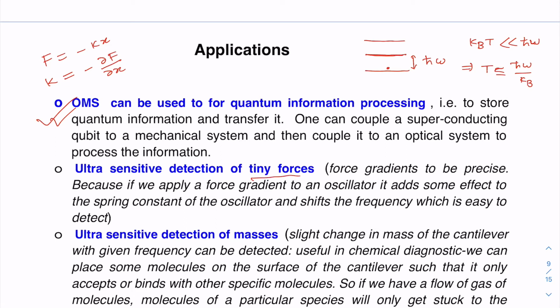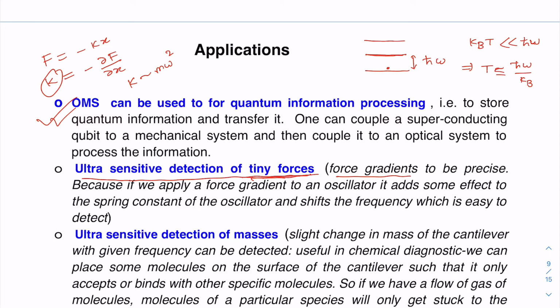Rather than tiny forces, we should better say force gradient to be precise. If we apply a force gradient to the mechanical oscillator, it adds some effect to the spring constant of the oscillator, and because the spring constant is associated with the frequency of the oscillator, it shifts the frequency, and this shift is very easy to measure.